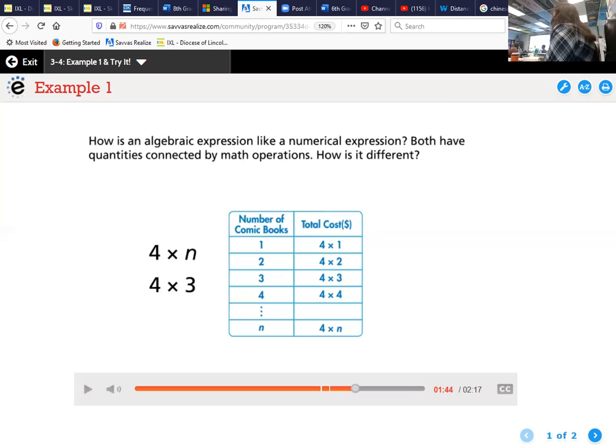Okay, but it's still the same thing. You're multiplying 4 times something. Okay, they call the top one algebraic because it involves a variable. The bottom one is just numerical because it just has numbers. Once you add a letter to a math problem, it becomes algebra. So you guys, even though you're not in algebra, you're doing algebra type problems already. Like that's pretty cool.